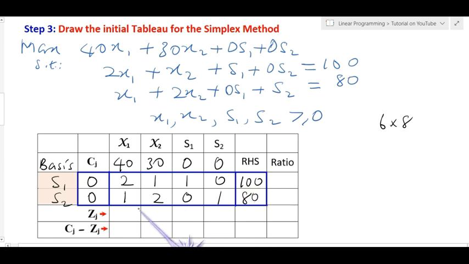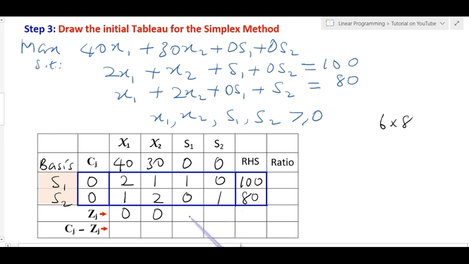Okay. So after that, this is the ZJ row. The ZJ row is gotten by multiplying the column of unit values by the columns here. So you have 0 times 2, gives us 0, plus 0 times 1, 0. So here will be 0. Here will be 0 times 1 plus 0 times 2, that's 0.